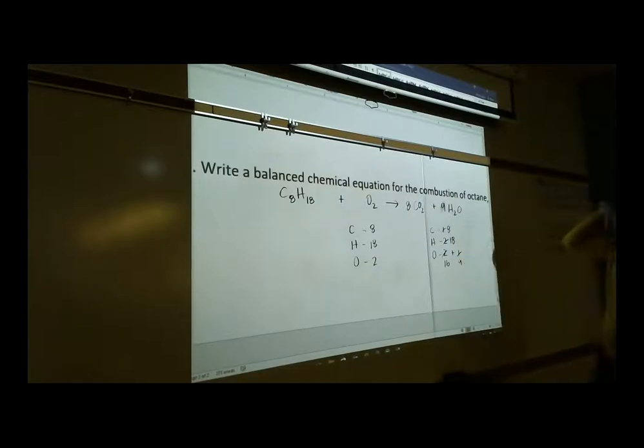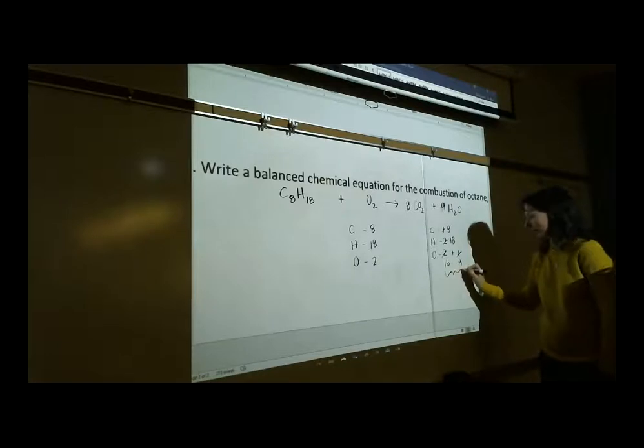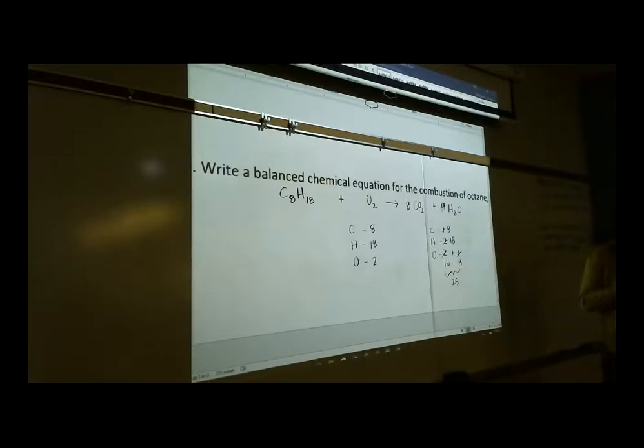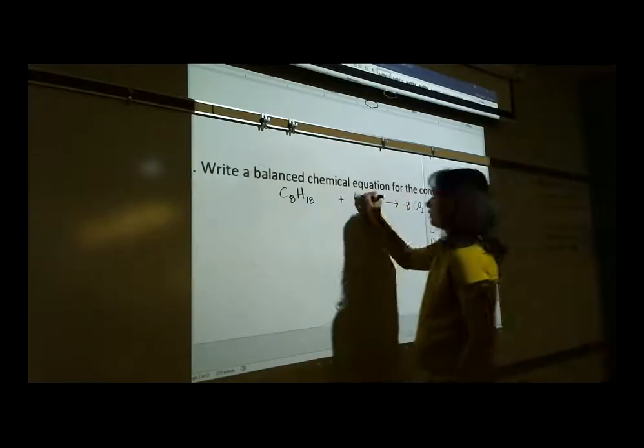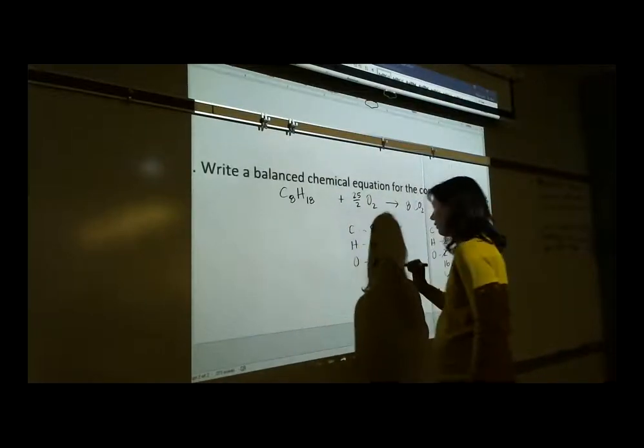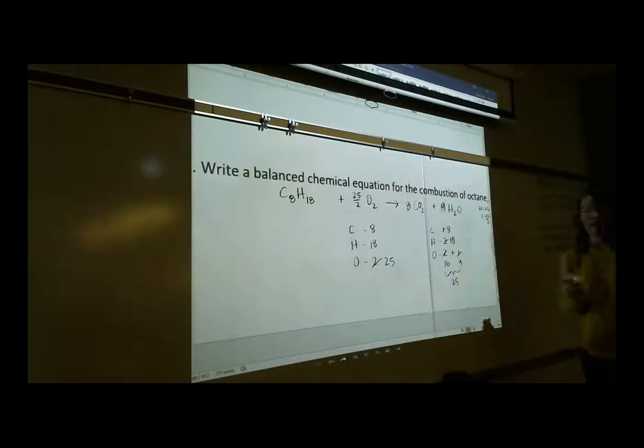All right, now we've got a problem here because this adds up to 25. Is 25 a multiple of 2? No. So I say to myself, okay, 2x equals 25, so x must be 25 halves. So if I put a coefficient of 25 halves here, that makes this 25. But are you going to have 25 halves of a molecule?